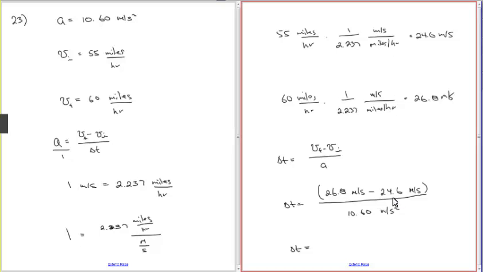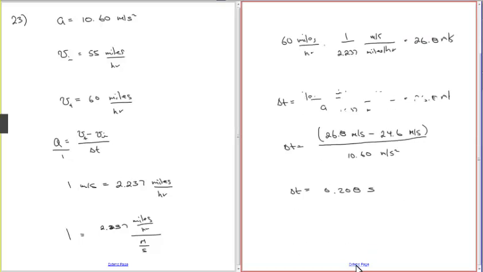The meters will cancel out, all of the seconds will cancel out, and we just end up with seconds. So 26.8 minus 24.6 divided by 10.6, and we find the time is 0.208 seconds. So that's the amount of time it takes.